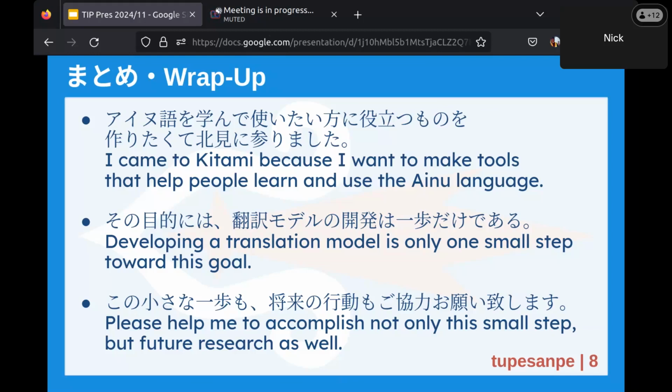In the Ainu used day to day now, it is normal to borrow Japanese words. But in terms of, let's say, native Ainu language, there is almost no overlap.